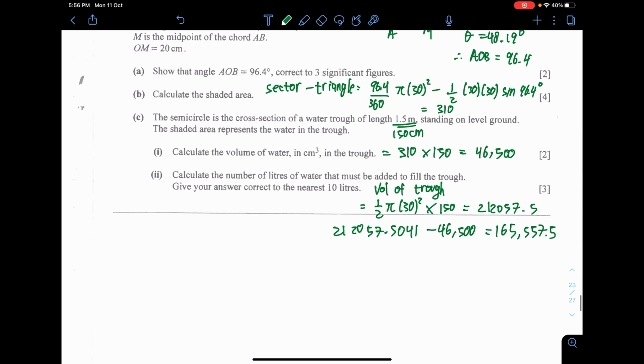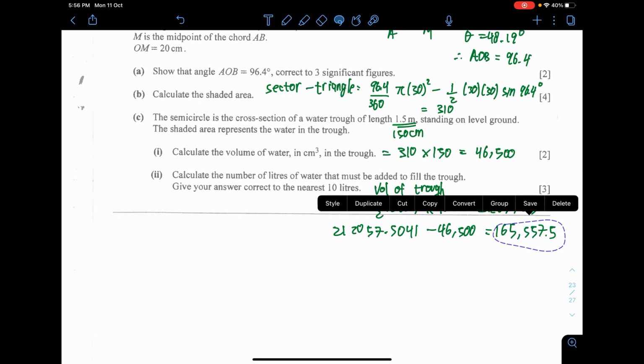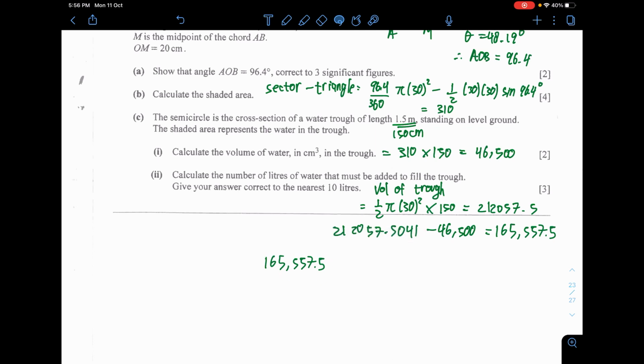This is in cm cube, by the way, because all of the numbers I used here are in centimeters. Now, how do you convert cm cube to liter? You need to divide this by 1000. That means you got 165.55 liters. Though the question asks you to put this to the nearest 10 liters, meaning you'll have to round up to 170 liters.